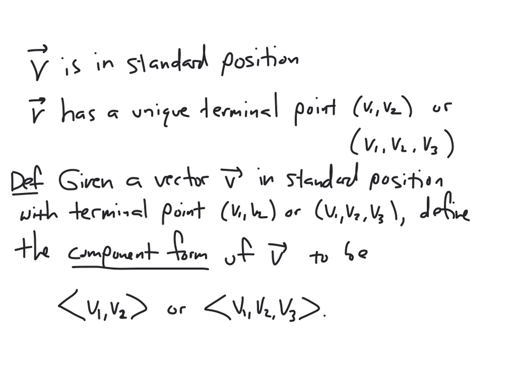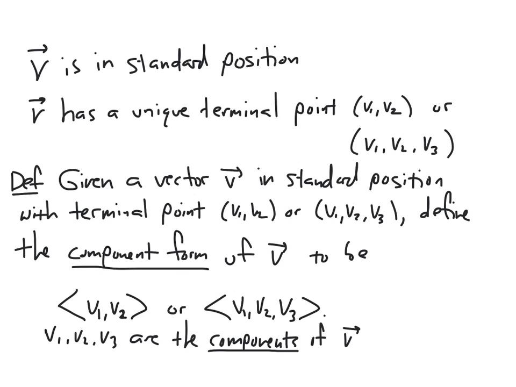Once we have the component form, these numbers v1, v2, and v3 are called the components of v. So v1 would be the first component, v2 the second component, and v3 the third component.